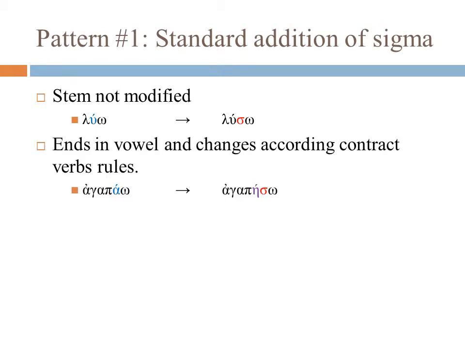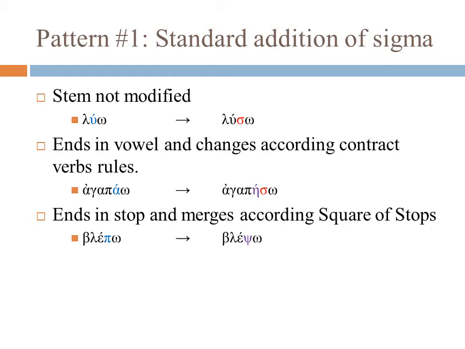The second one, the stem ends in a vowel and changes according to contract verb rules. Now, these, remember, I just went through these, are a lot simpler than we had before. So, alpha or epsilon is going to go to an eta. So, agapao will go to agapeso.